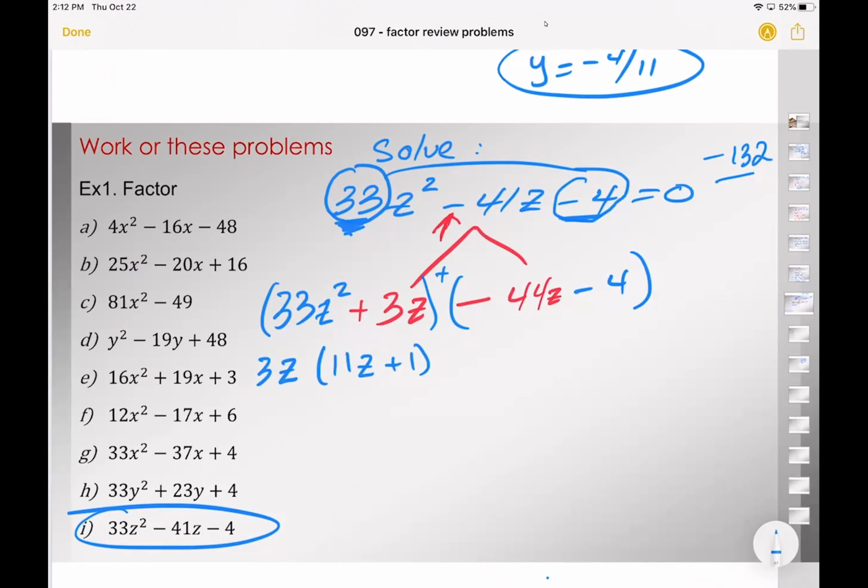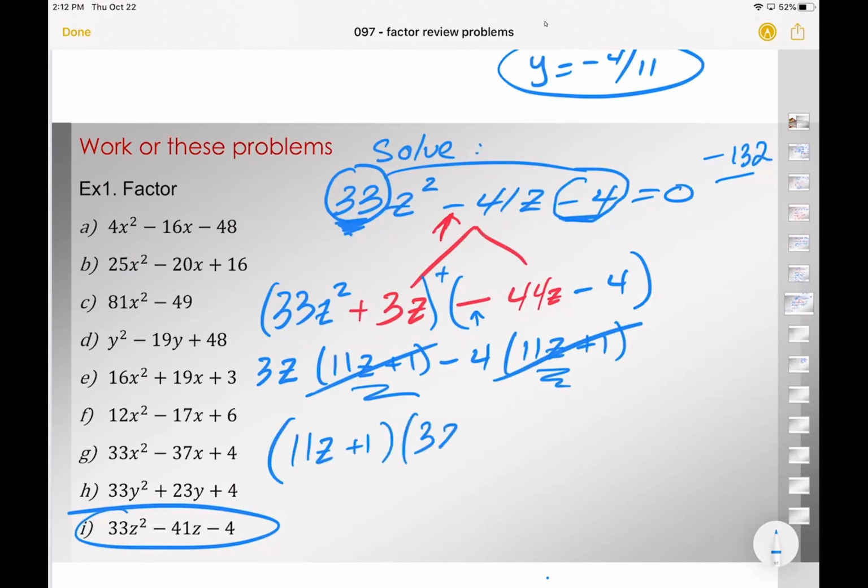In the second group, because I include a negative, I need to take out a -4, and -4 going into -44 will give me a positive 11. A -4 going into -4 will give me a positive 1. And as you can see, the item in my parentheses is the same. I take it out, 11z plus 1, and the leftover is 3z minus 4.